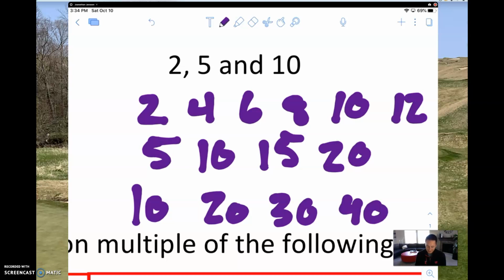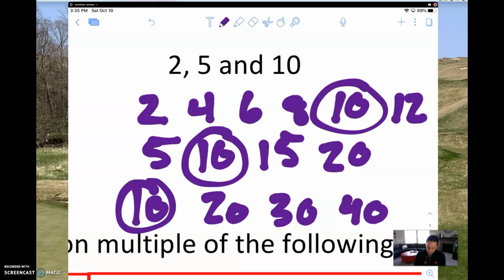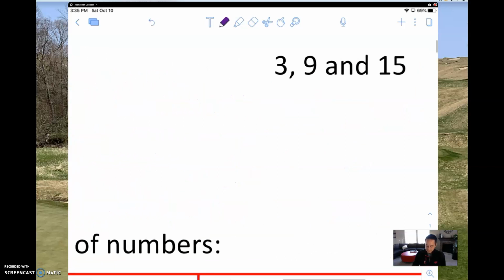You'll kind of notice that every one of these multiples of 10 will also be a multiple of 5. So we'll deal with that in the next problem to make things a little easier. But the smallest one that they have in common was they all had a 10 in common. So the least common multiple of those three numbers would be a 10.